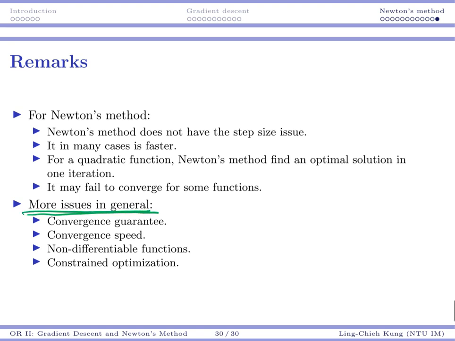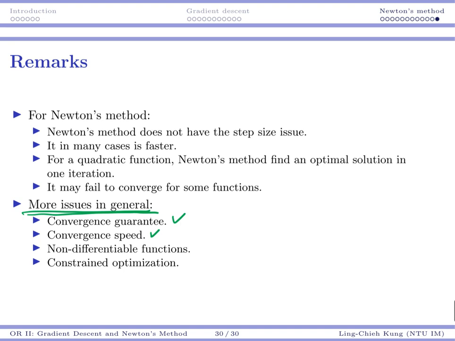So nonlinear programming algorithms itself may be offered as a single semester course, and we don't have time, so we only stop here. What are other issues that people want to study in general? First, how may we guarantee that an algorithm may converge? What's the condition for us to guarantee convergence?